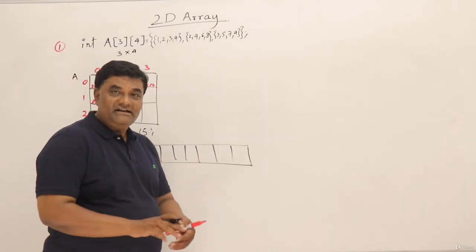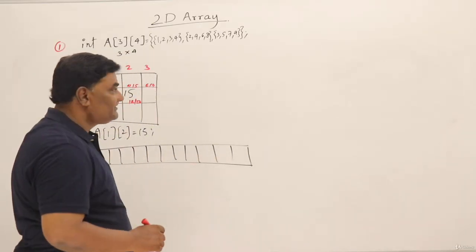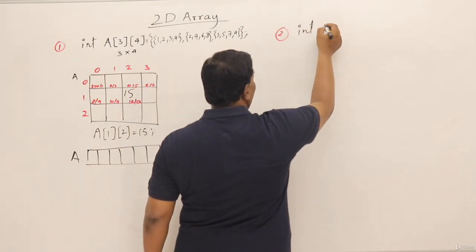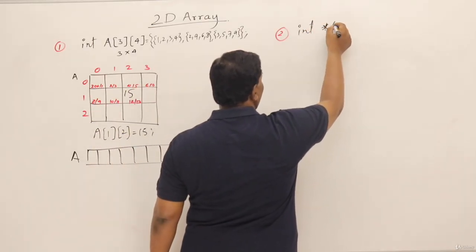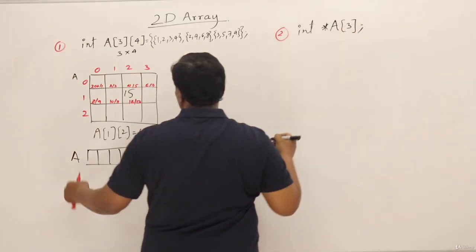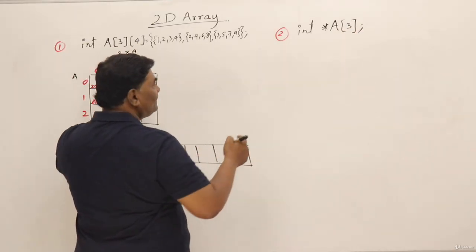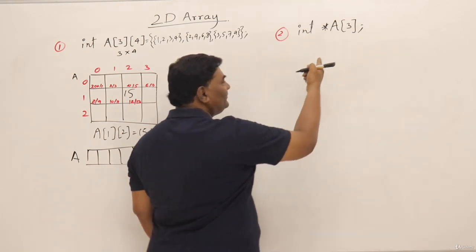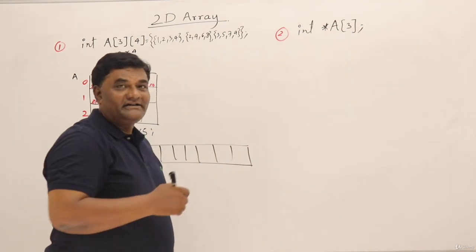Now let us look at the second method of creating a two-dimensional array. We can take an array of pointers. So this is a pointer, and this is an array of size 3. Suppose I want the same size, 3 by 4. So I have taken an array of size 3. As this is an array, a normal variable, it will be created inside the stack.